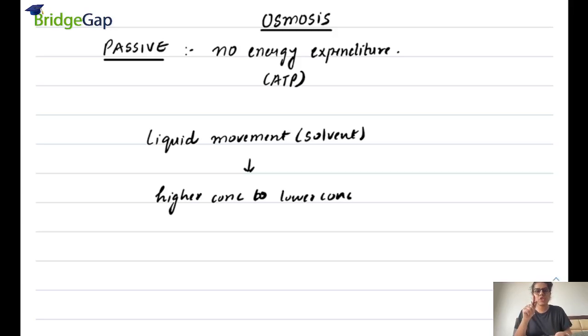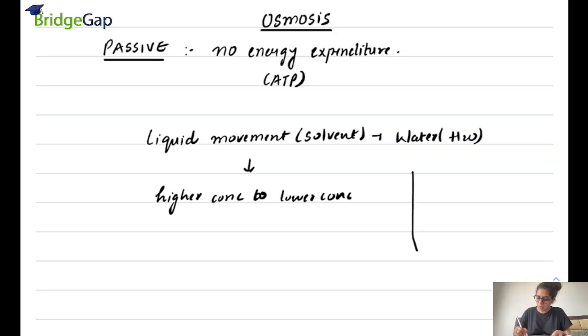For now we will consider a universal liquid, and we know that is water, H2O. Right? So the liquid movement, that is water, is moving from higher concentration, where the concentration is more, to lower concentration, where the concentration is less.